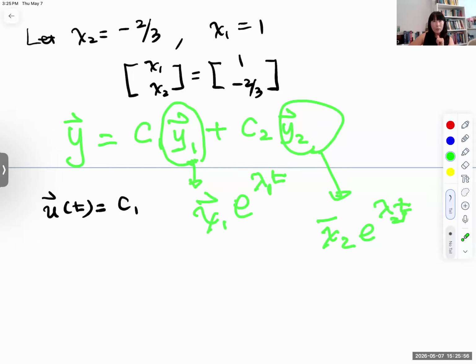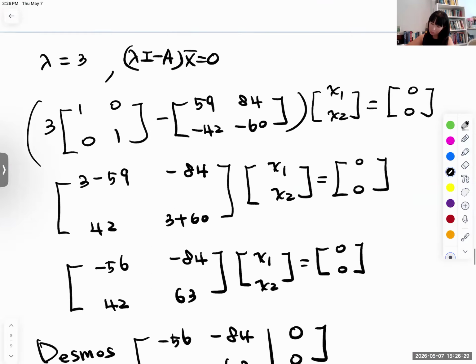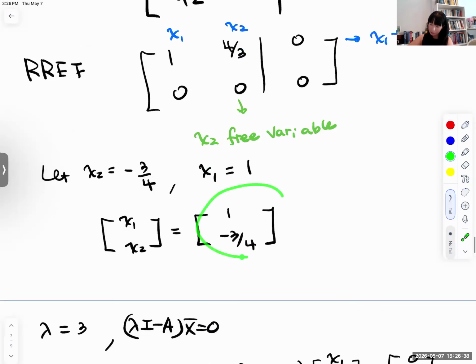In that case, we are using two different variables, x and y. Okay, I'm going to explain to you. All right, so we have c sub 1 and the vector x sub 1, right? So x sub 1 and e to the, hold on one second, e to the what? We had one is negative 4, the other one is positive 3, right? So when lambda equals negative 4, we have this. Yeah.